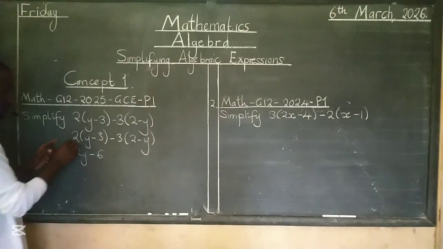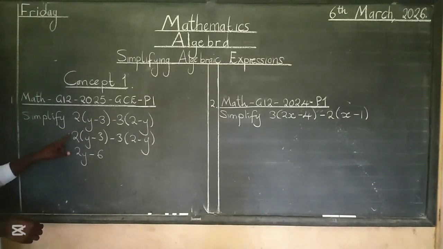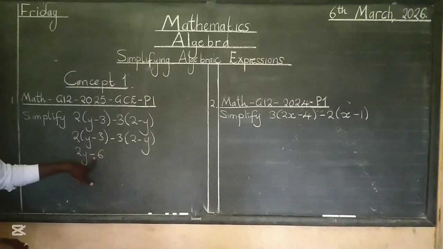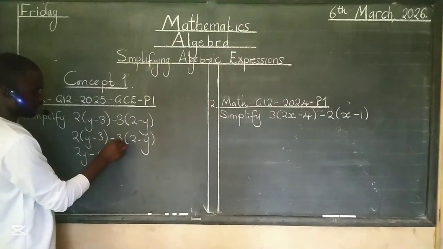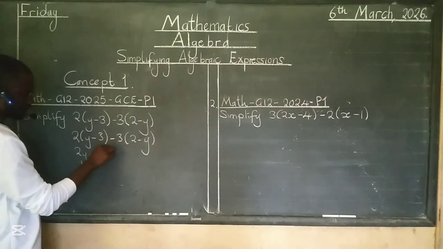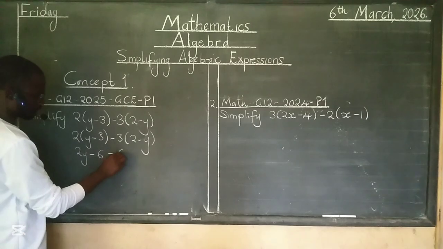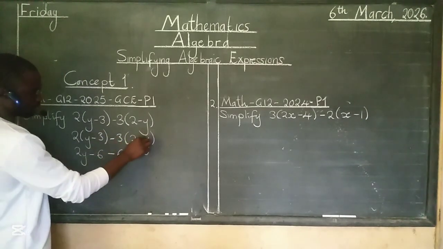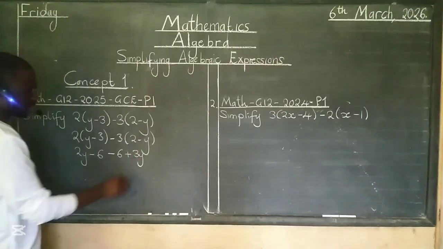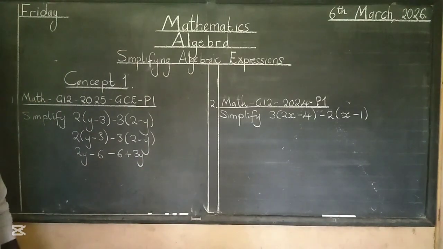Or you can look at it like this: since this is 2, it's positive 2. So positive times negative is going to give us negative. Negative 3 times 2 is going to give us minus 6. And negative times negative will be positive: 3 times y, 3y.